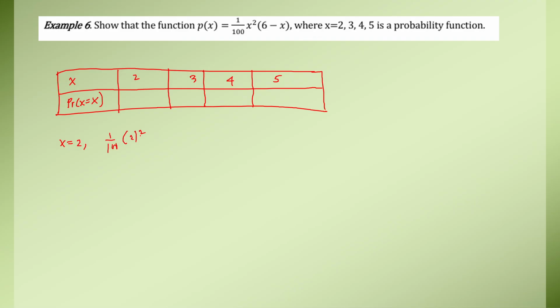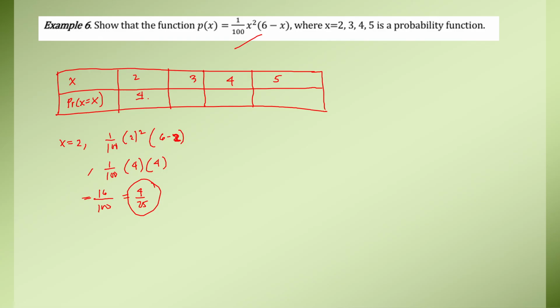If we're going to substitute the value for when x is equal to 2, 1 over 100, 2 squared, 6 minus 2. By using this function, this is 1 over 100 times 4 times 4, this is 16 over 100. 16 over 100 we can simplify as 4 over 25.